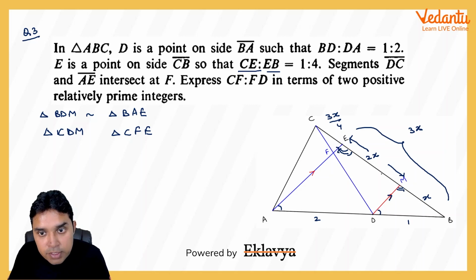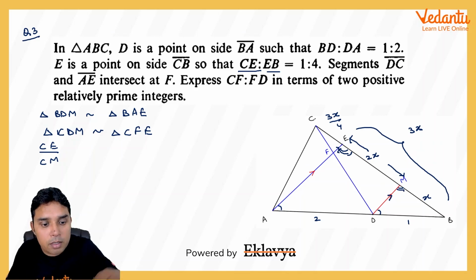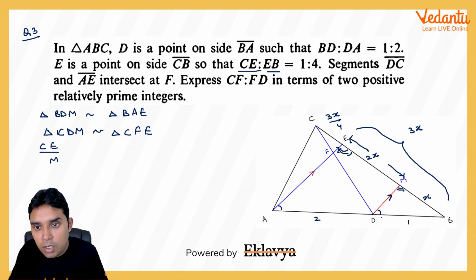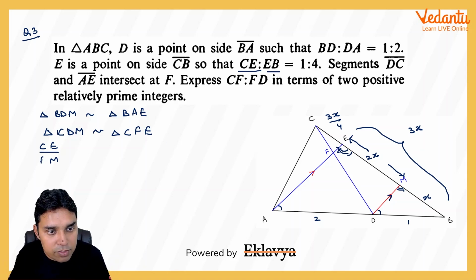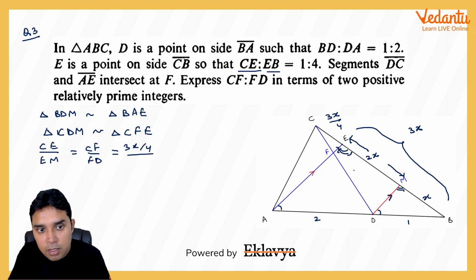Because they are parallel, there will be the same ratio: CE upon EM will have the same ratio as CF upon FD, and that is what we are looking for. CE is 3x by 4 and EM here is 2x. So if you solve it, you get this to be 3 by 8, and that is the answer.